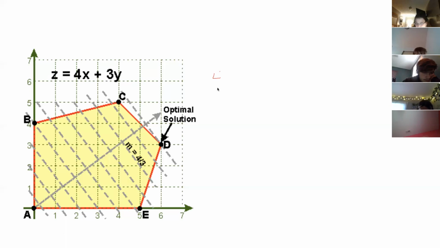So you'd run the objective function, 4 times, I'm mixing up my X's and Y's. This is point C, 4 and 5, and this is 5, 3. So it'd be 4 times 4 plus 3 times 5, and figure out what that is.